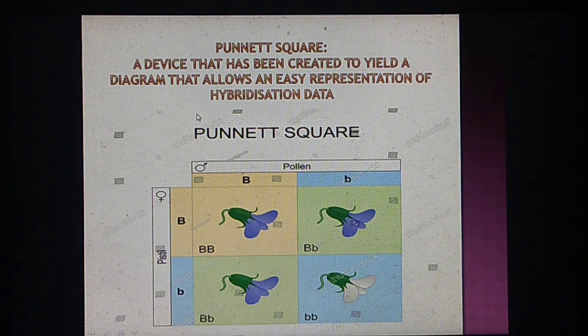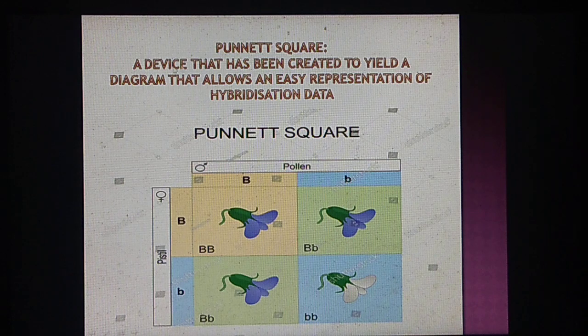Now, here what we have to remember is that with the help of the Punnett square, we can also find out the genotypic ratio and phenotypic ratio. We can also find out the percentage of the offsprings which carry that particular factor or characteristic.